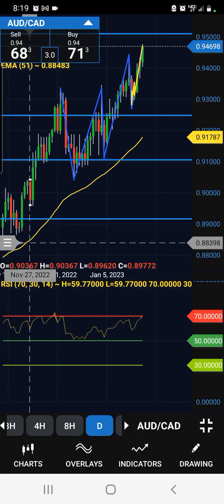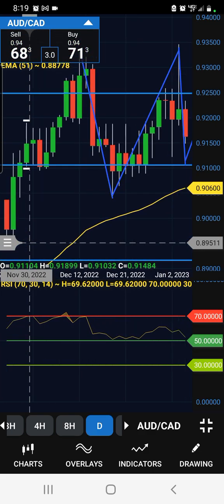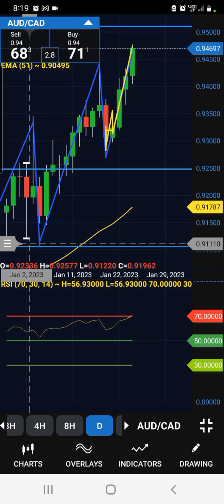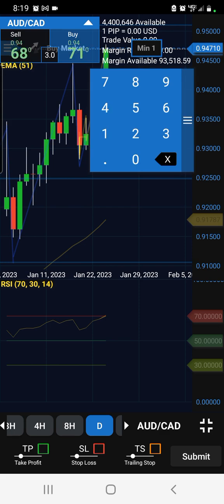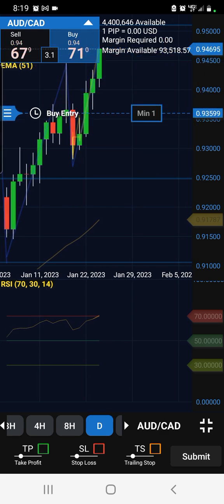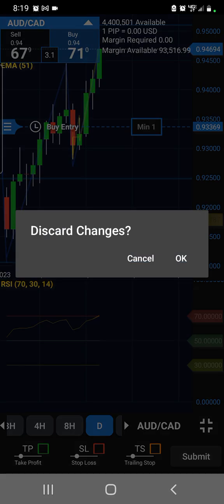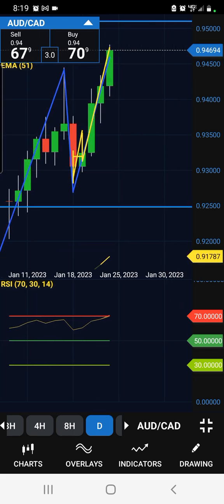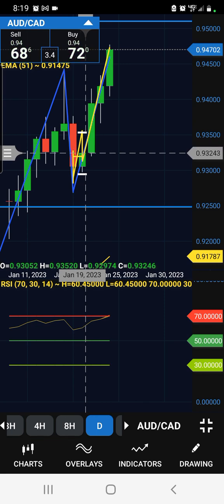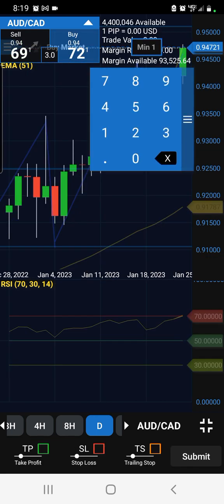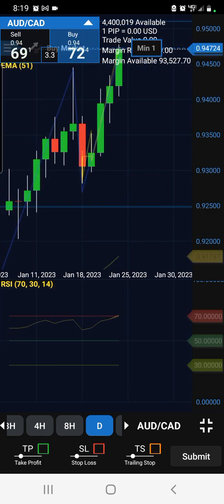So let me go back and see if I can do this thing right here on the daily. I would have entered the trade somewhere right here. So I'm going to pretend like I'm entering the trade.